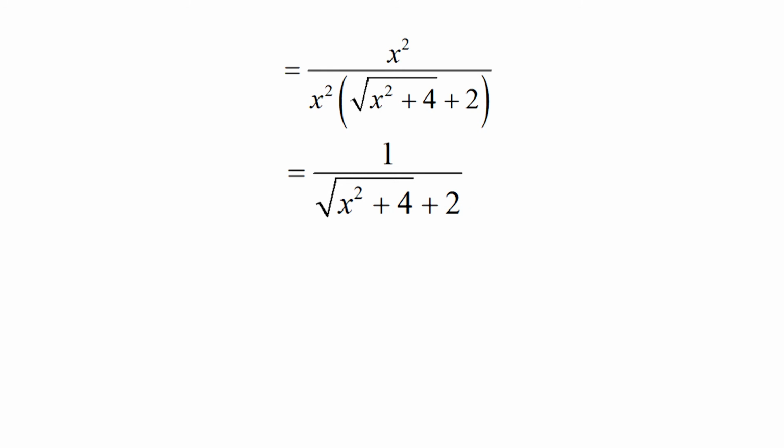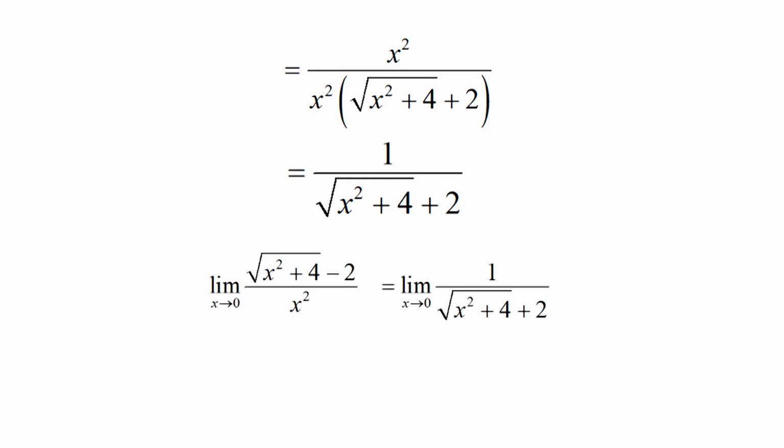Therefore, we obtain the limit of (√(x² + 4) − 2) upon x² as x approaches 0 is the limit of 1 upon (√(x² + 4) + 2) as x approaches 0. The denominator is no longer 0 at x equal to 0. So, we can use the theorem on the limit of a quotient by substituting x equal to 0, which gives 1 upon (√(0 + 4) + 2) equal to 1 upon 4.